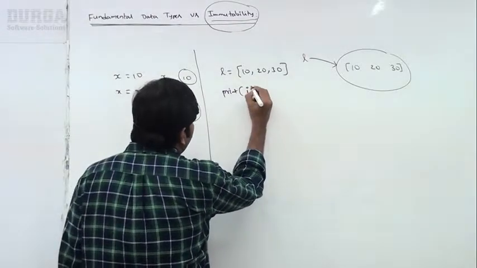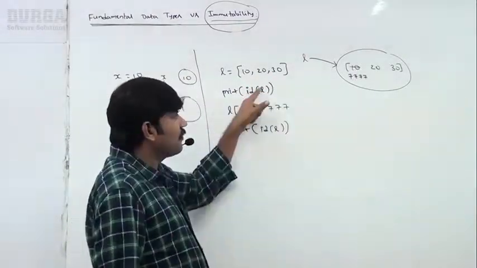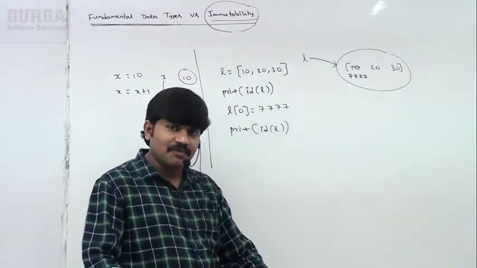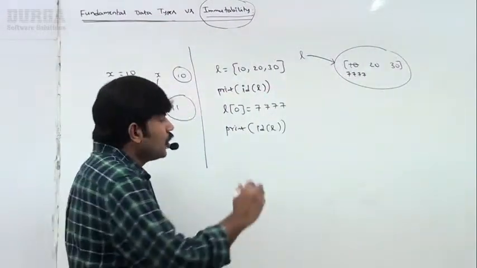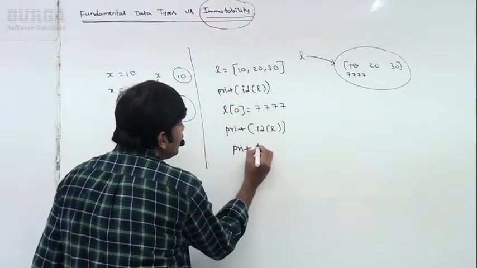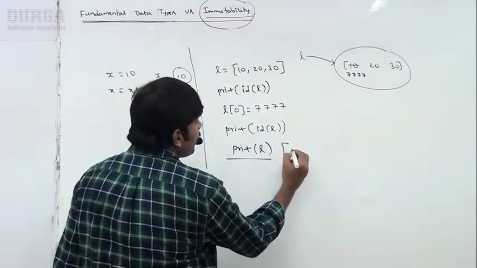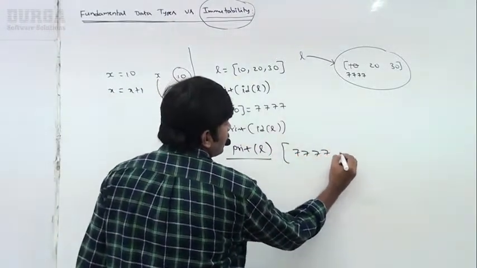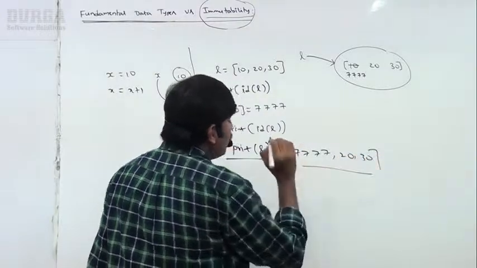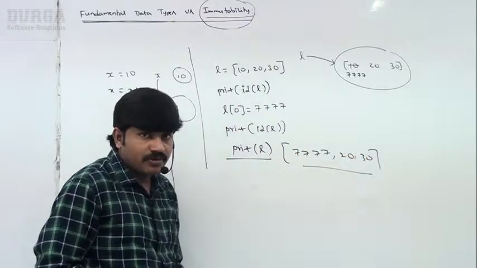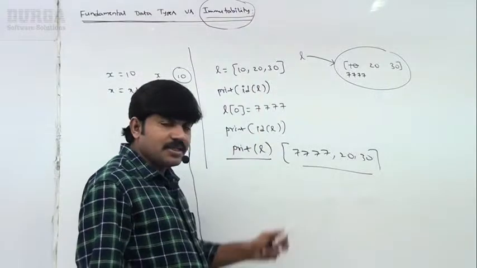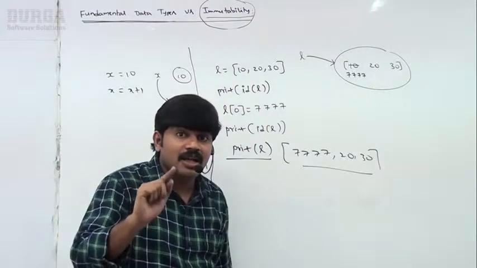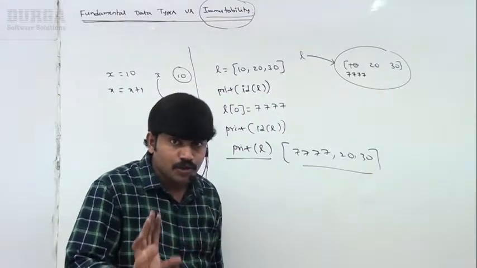The ID of L. The address is the same before and after modification, because the modification happens in the same object only. If you want, you can print the L value, and the modified value we are going to get, like 20, 30. So that is a clear practical proof. All changes happen in the existing object only, but not in a new object.